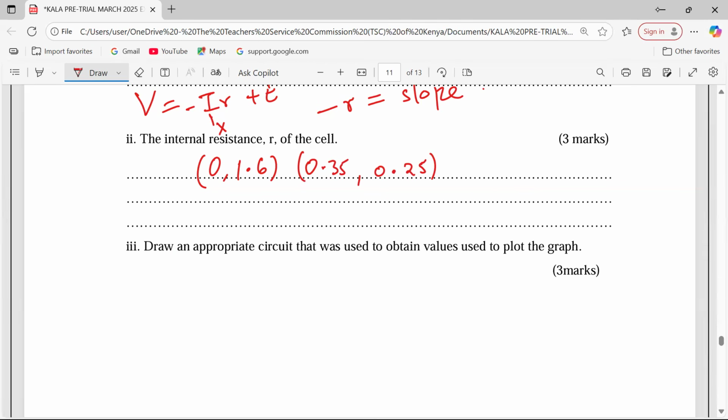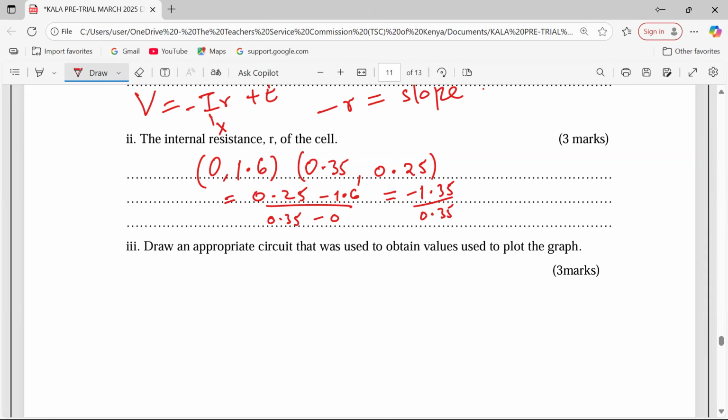So we can get the slope: change in Y, 0.25 minus 1.6, out of change in X, 0.35. So 0.25 minus 1.6 gives us negative 1.35 out of 0.35.